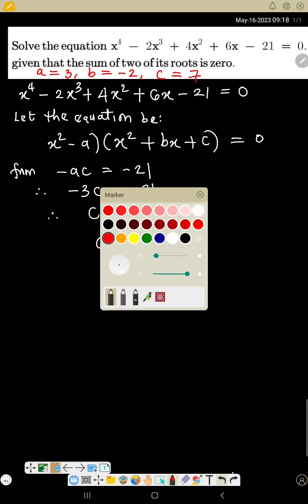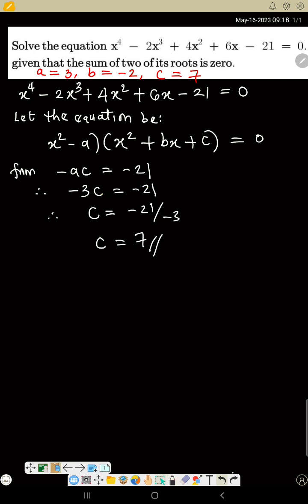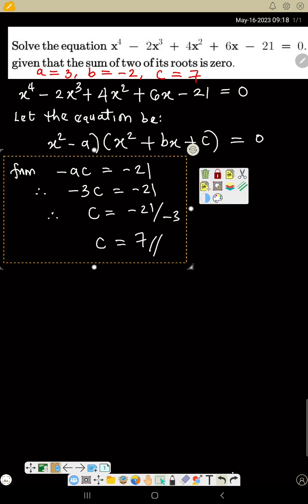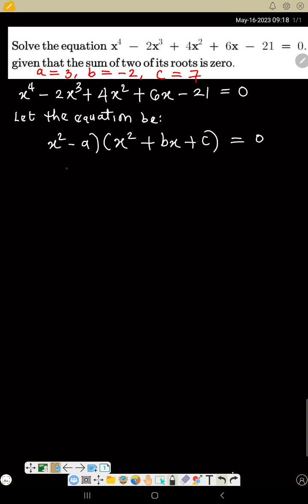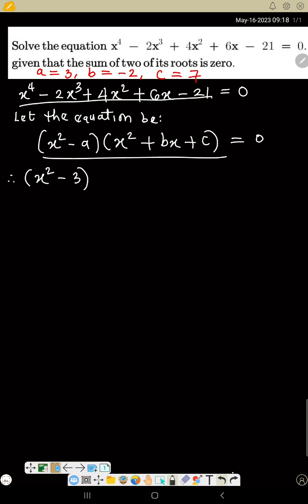So go back to this expression now. So we now have the equation to be x squared minus 3, because a is now 3. We have simplified to be this.